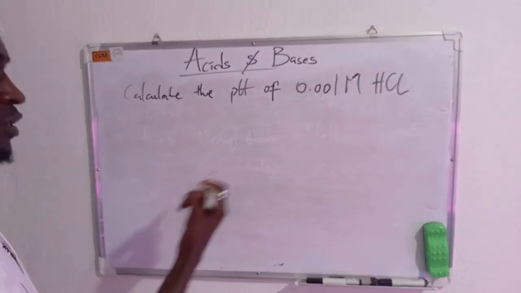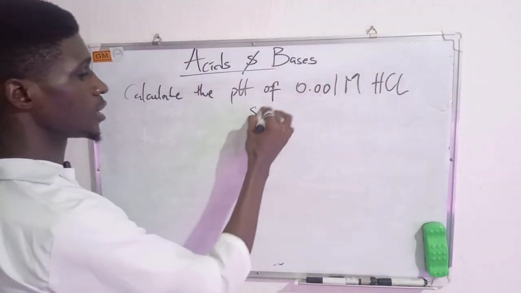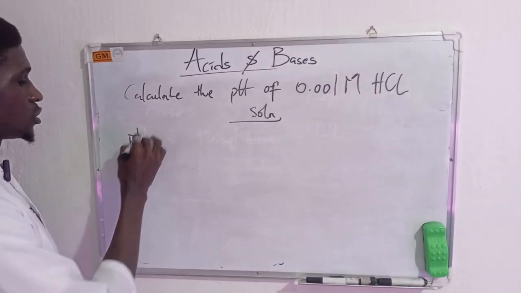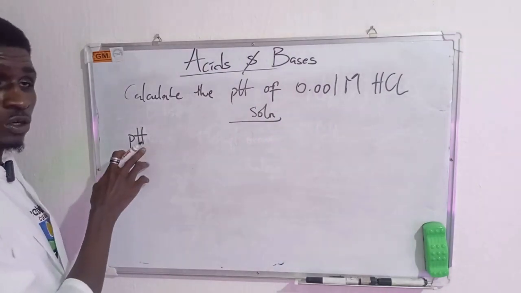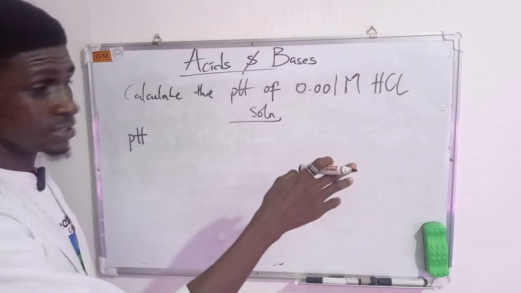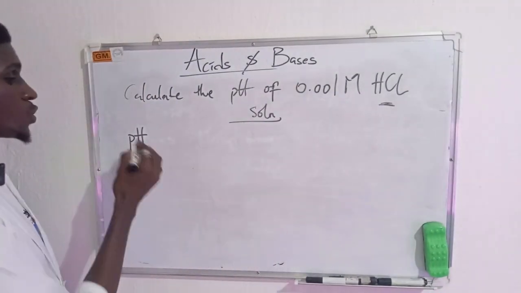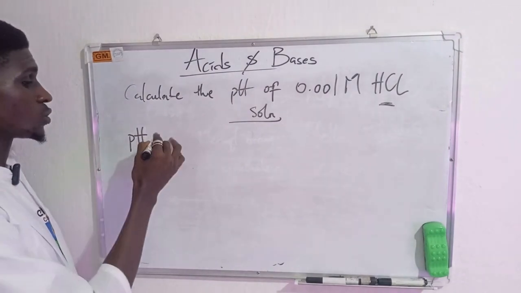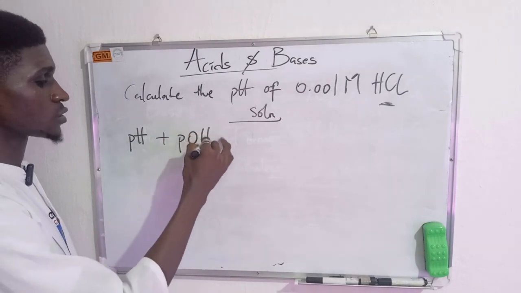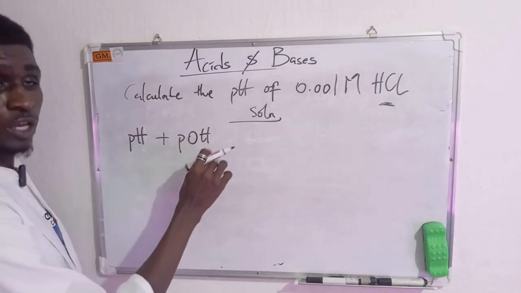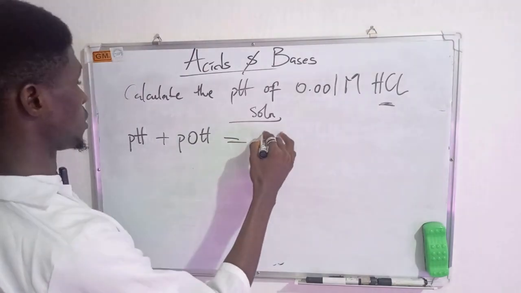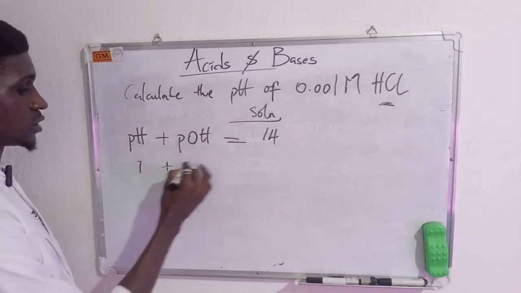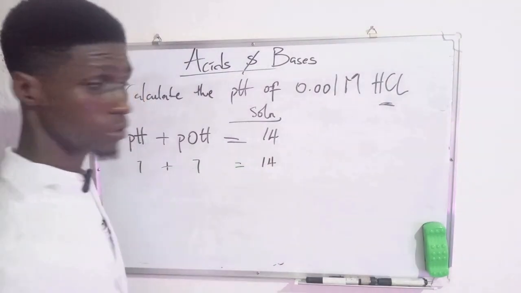If you are given a simple question like this, you need to understand that pH is the hydrogen concentration of an acid. Okay, this is an acid. But in the pH scale, we do not only find that of acid, we also have that of base, which we indicate as pOH. The both give 14, meaning that this one contributes 7, this one contributes 7, and it gives you 14.